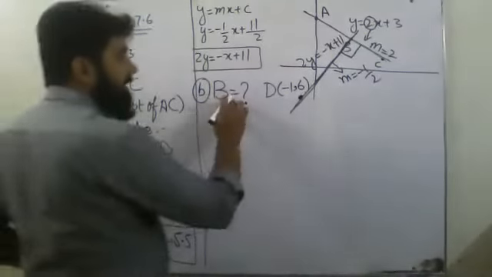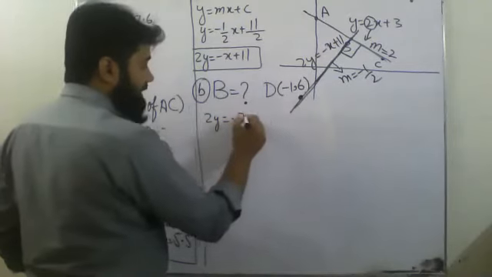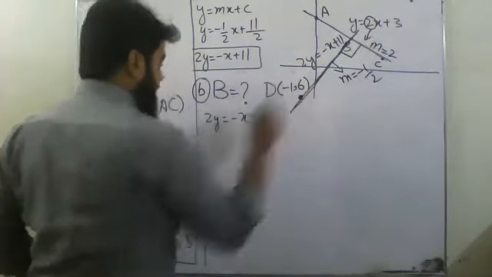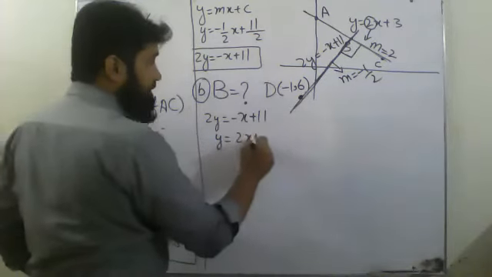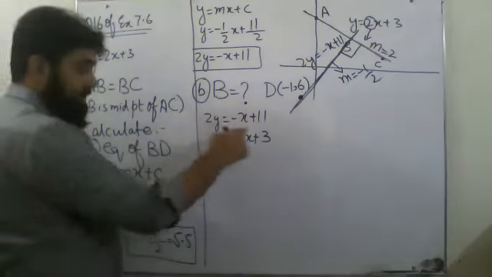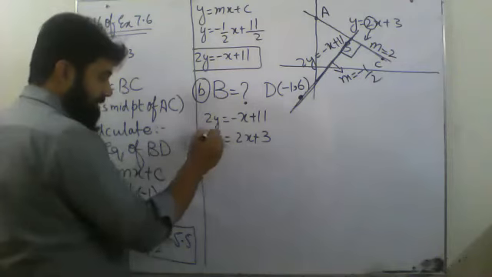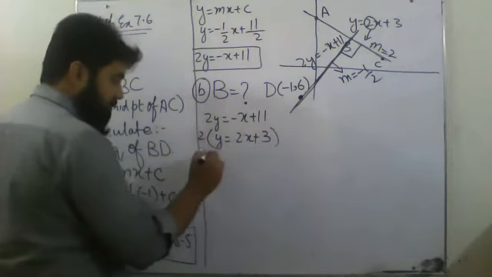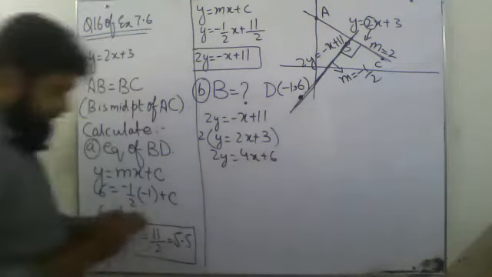Now I have to find the coordinates of B. For that, 2y equals minus x plus 11 and y equals 2x plus 3. In order to make the coefficients the same, I am multiplying the second equation by 2. So 2y equals 4x plus 6.